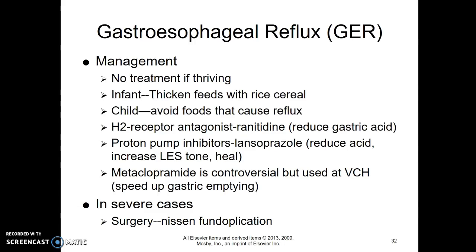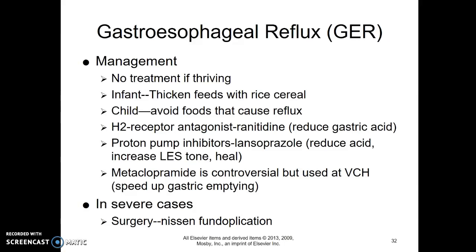With children, let's avoid the foods that cause reflux. There are probably certain things they know when they eat them, they reflux. Things like orange juice, typical causes. We're going to use the same medical treatment that we do with adults, your H2 receptor antagonists and your proton pump inhibitors. Those H2 receptor antagonists, ranitidine is an example, reduce the amount of acid in the stomach.